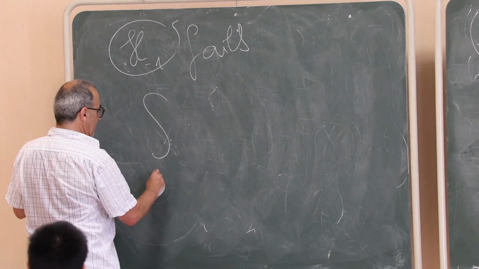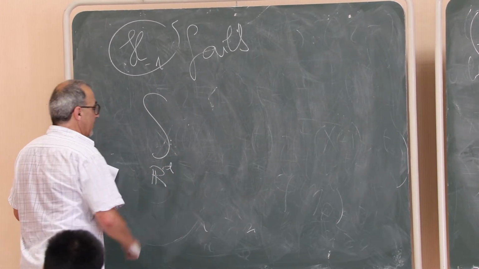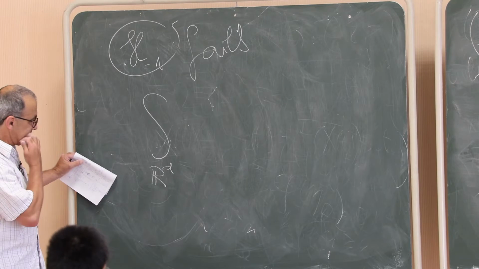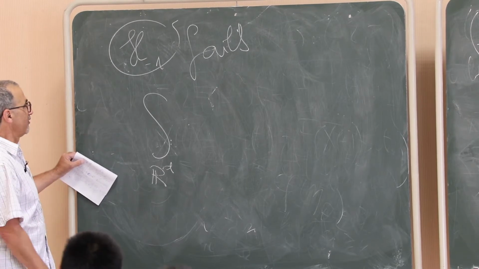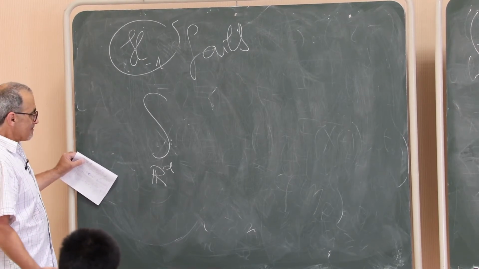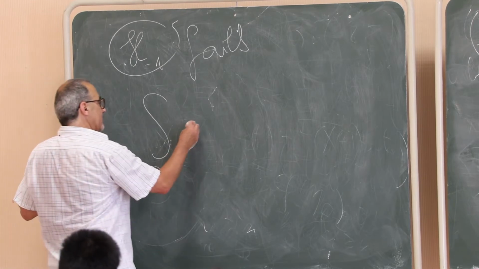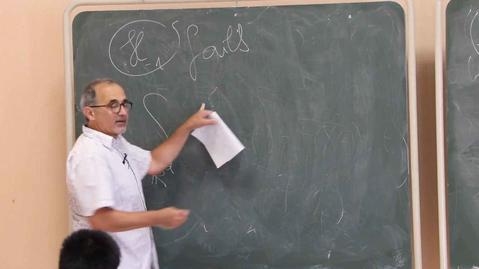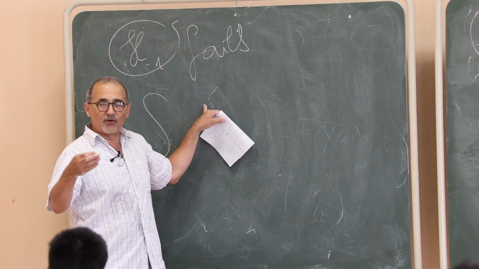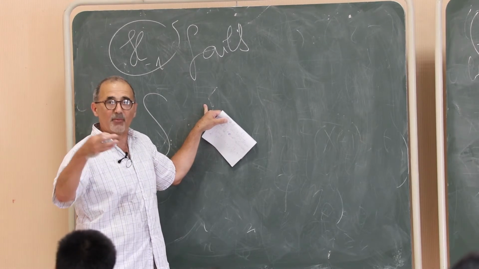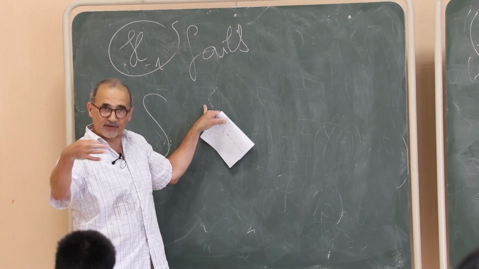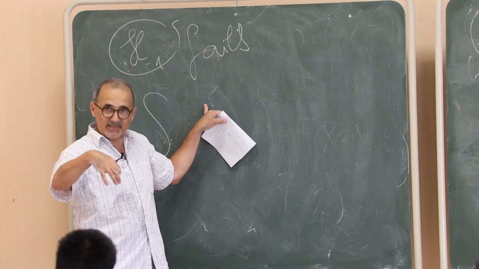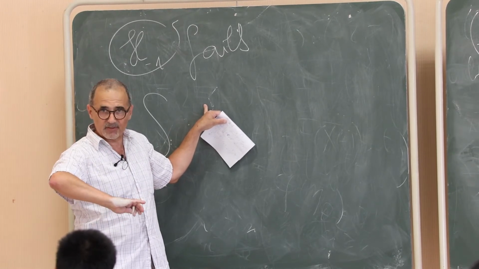The integral over p, so this is R^d because now we are not on the lattice. This will be an integral over the Fourier transform. I had the covariance of my drift field divided by p squared, times 1 minus cos p squared.